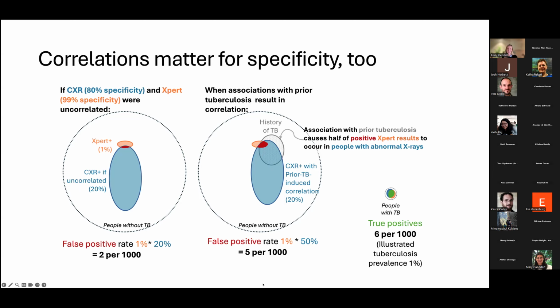In this illustration, it's a 2.5-fold increase, so that you get 5 per 1,000 rather than 2 per 1,000, and the false positive rate gets a lot closer to the number of true positives that you would expect in a population with even a relatively high TB prevalence for a general population screening intervention.